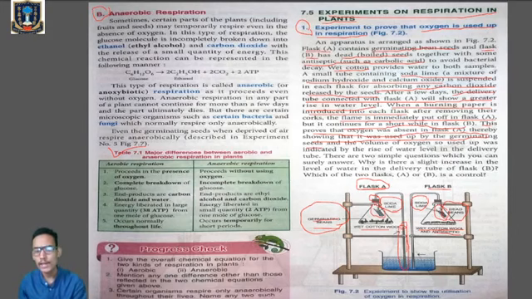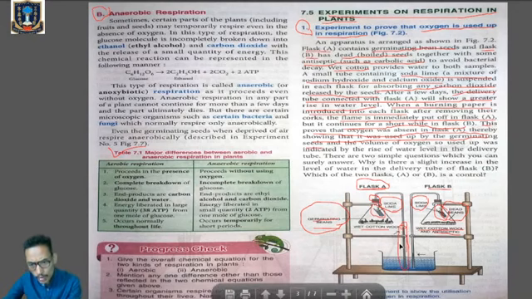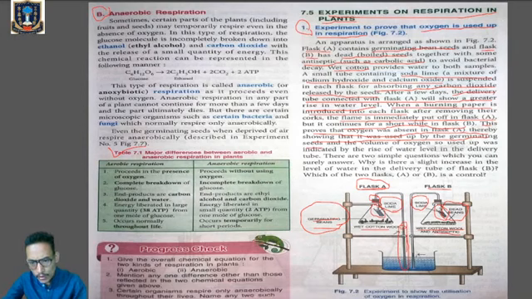So this proves that oxygen is used up in respiration. Clear? And at the same time, we can also observe the rise in the level of water in the delivery tube, because we are saying that there will be a rise in the water level in the delivery tube connected to flask A, more than that of the delivery tube connected with flask B. Clear? This is very important.